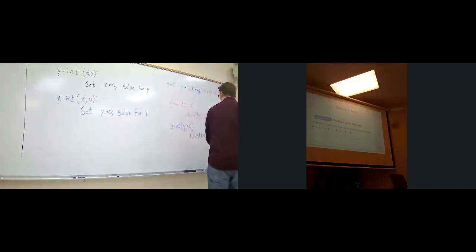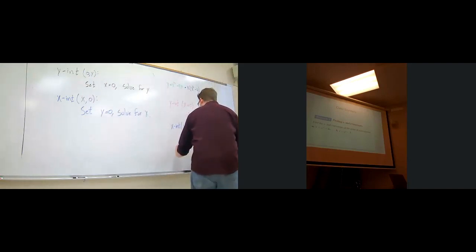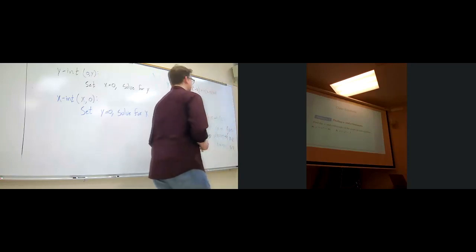So what we just found then is that our X-intercepts are the points (0, 0), (2, 0), and (negative 2, 0). And that's all she wrote.